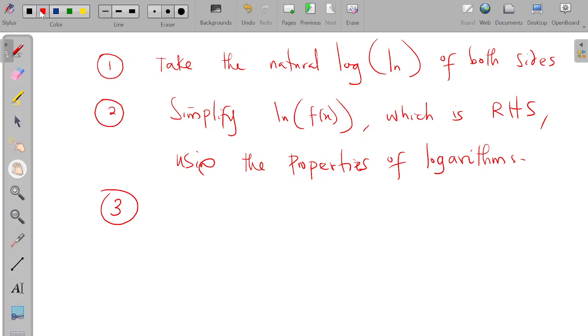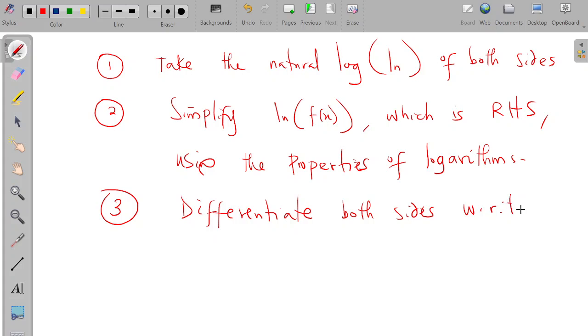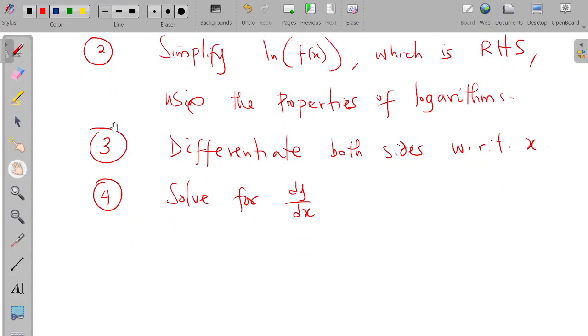Now step number 3 is that you actually find the derivative. After you simplify using the properties of logarithm, you differentiate both sides with respect to x. Then number 4, you solve for dy over dx, that means you make dy over dx the subject.